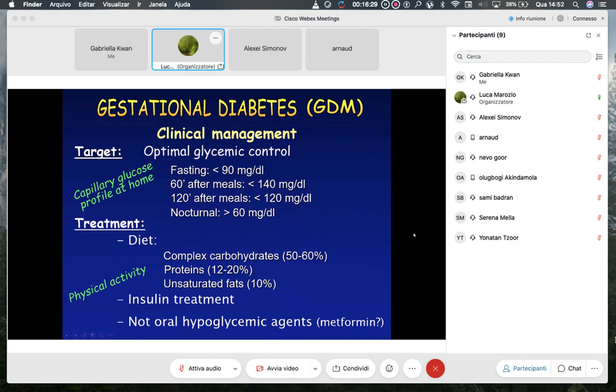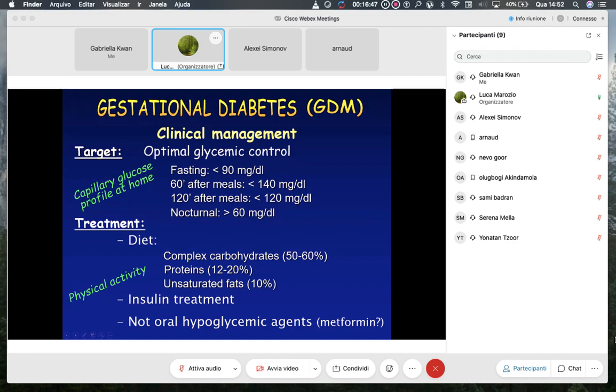After having diagnosed gestational diabetes, we have to try to reach an optimal glycemic control. This is the target of the management.